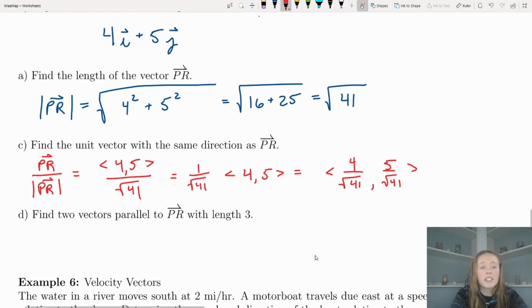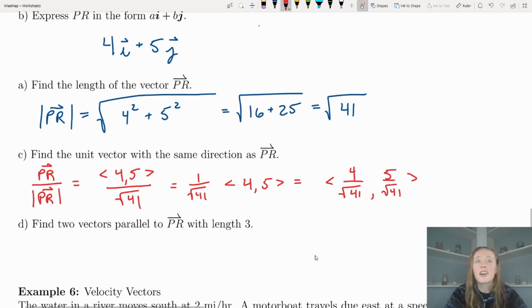Our last part says to find two vectors parallel to PR with a length of 3. Now the easiest way to create a vector of a certain length is to take the unit vector and multiply it by the length you want. And remember, multiplying a vector by a scalar is going to create a parallel vector.